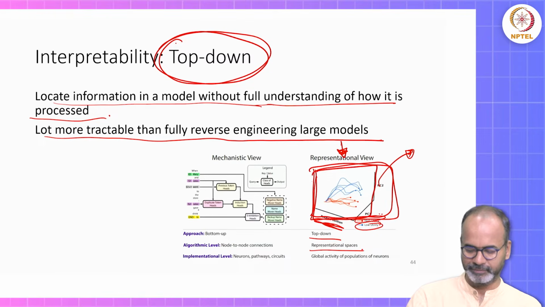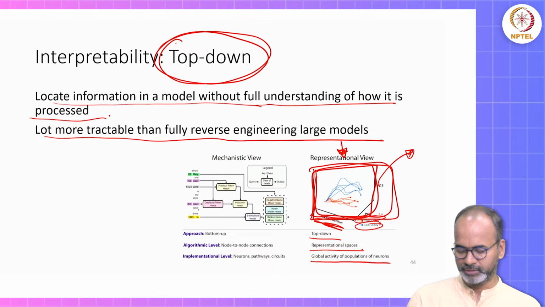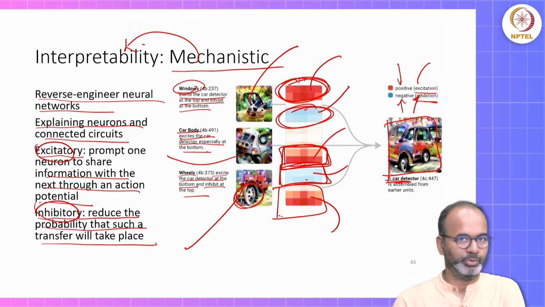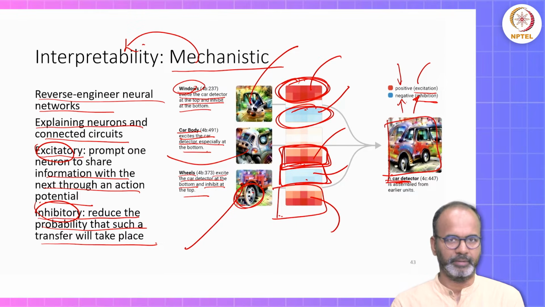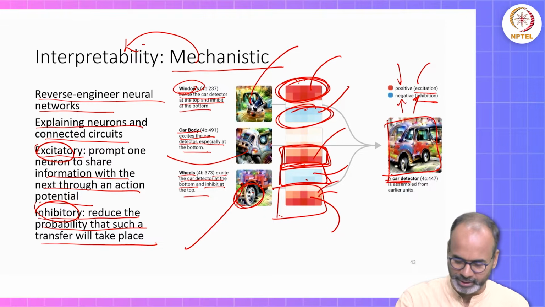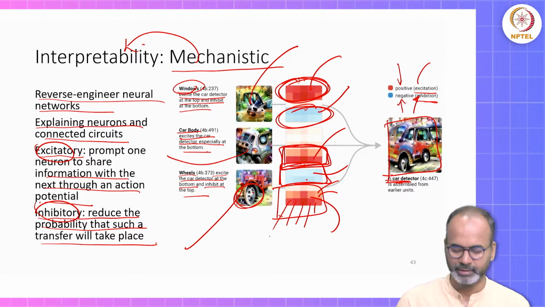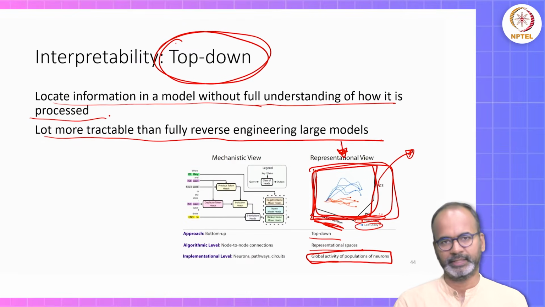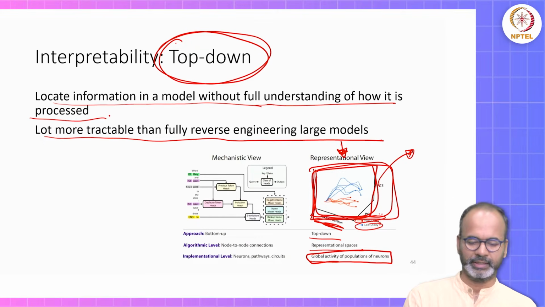You're representing it in a different space here, using the global activity of populations of neurons. So it is not looking at every single neuron the way we are doing it in the MechInterp idea. There, it's actually doing it at every neuron, whatever is positive, negative, right? Whereas in this case, it's just getting a high-level view of how it is done and then using that to process the interpretability idea.